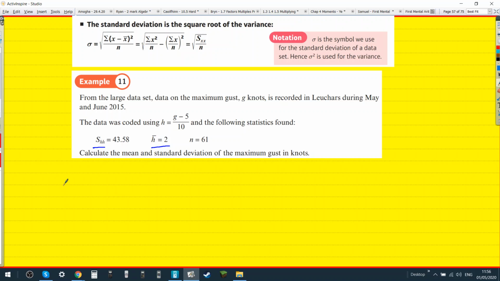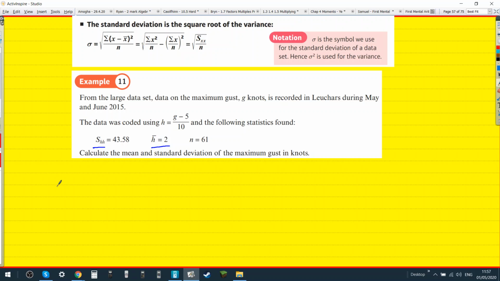So do I need to substitute? Oh no. Is there no data for me to use my calculator?